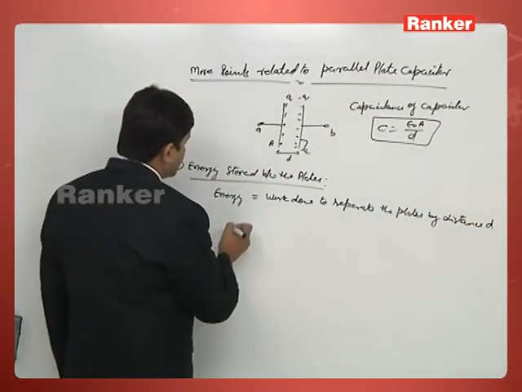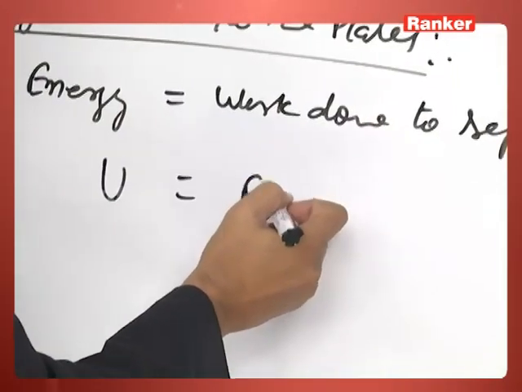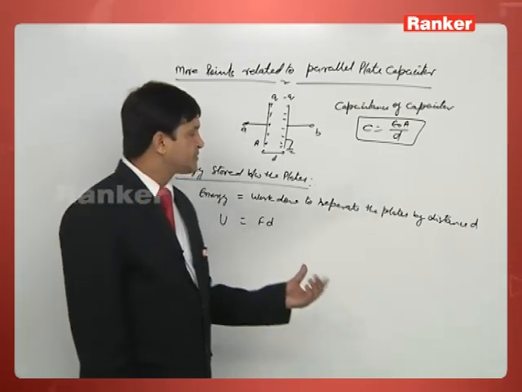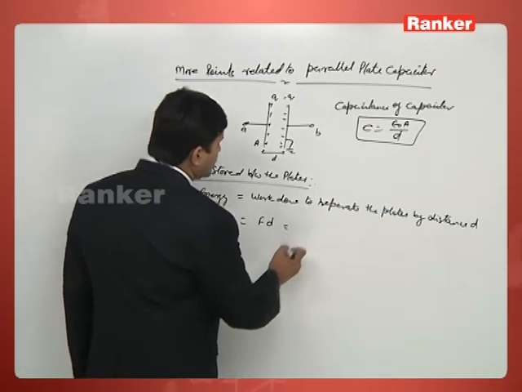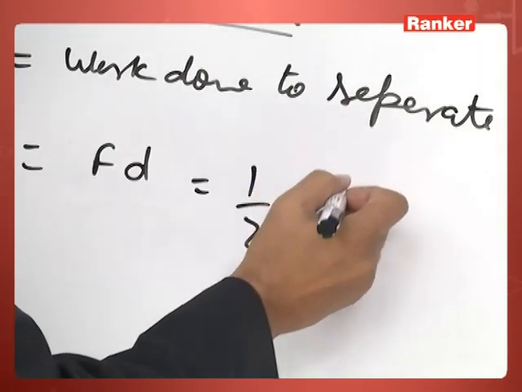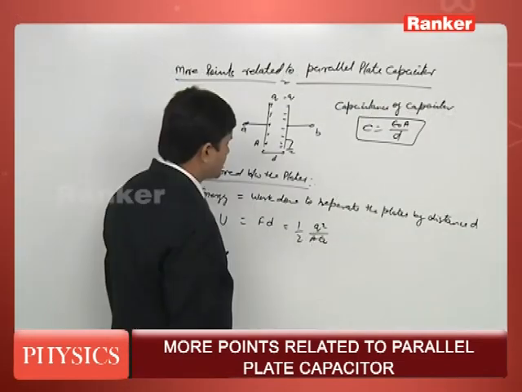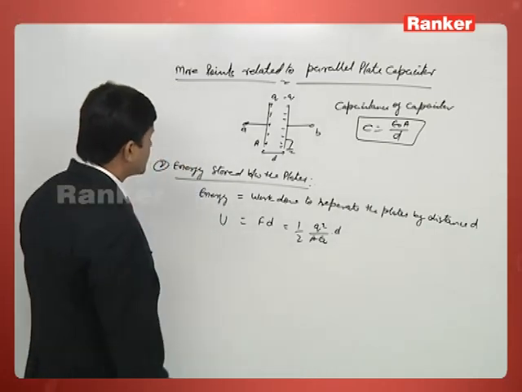So U is equal to force into D, as the force between the plates does not depend on the distance between them, that is constant. We have already calculated the force, so U is 1 by 2 Q square by A epsilon naught into D. This is the energy stored.